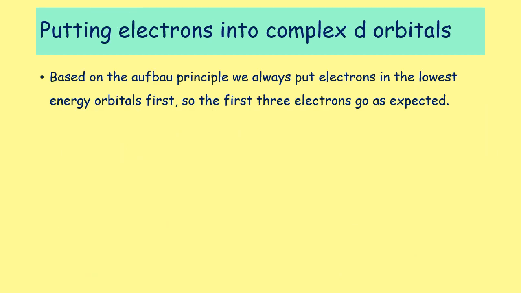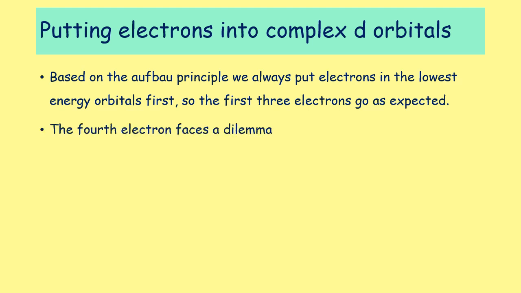Now, where this comes into effect and where it creates issues is putting electrons into complex d orbitals, so the d orbitals of a complex. We know the Aufbau principle says that we should always put electrons in the lowest energy orbitals first. And so when we put electrons in, the first 3 electrons go in as expected.